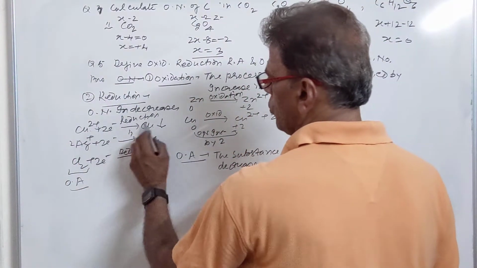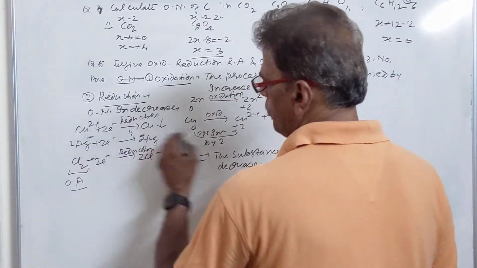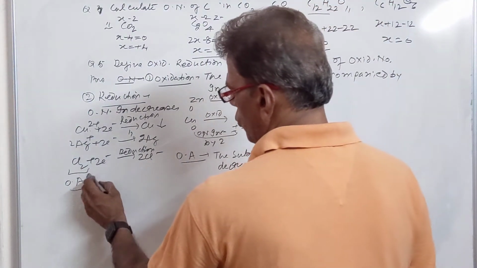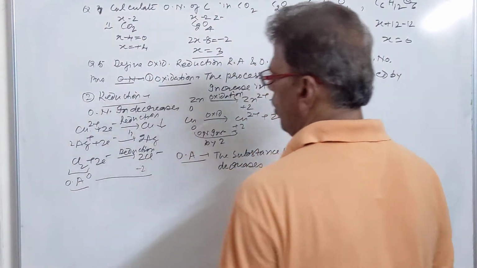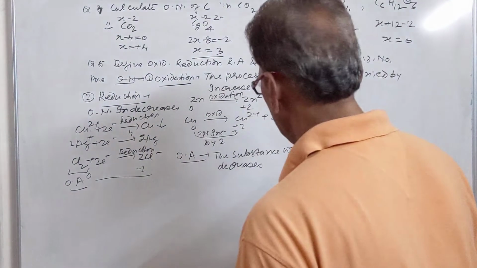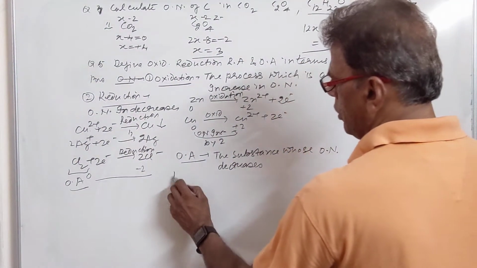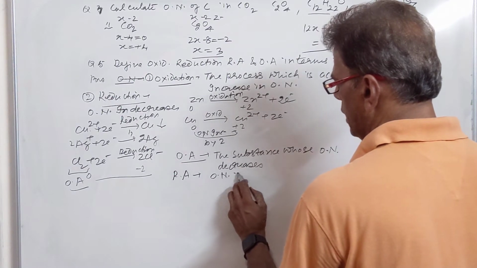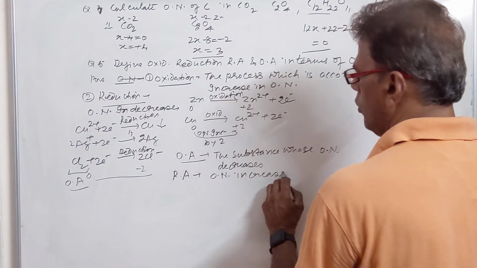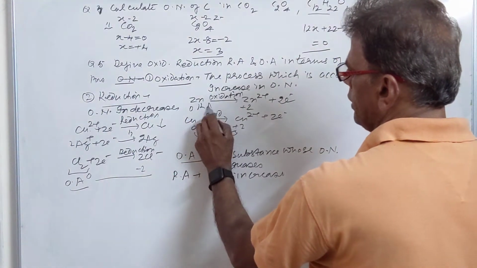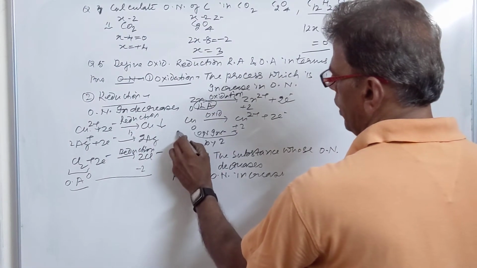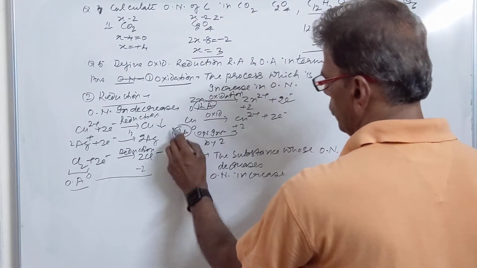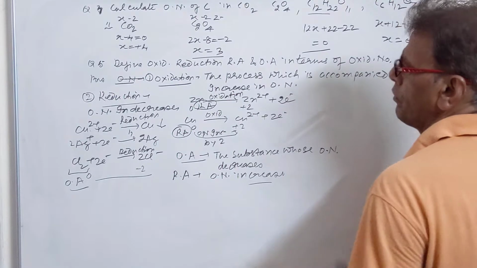In this case, +2 to 0, +1 to 0, 0 to -2. So all the oxidation numbers are decreasing. Then we have the reducing agent, where the oxidation number increases. So Zn and copper are reducing agents, because their oxidation number is increasing.